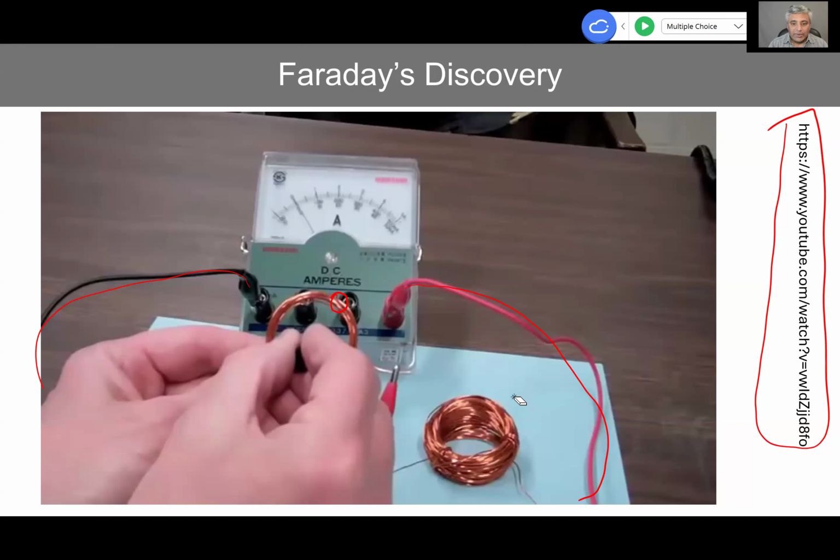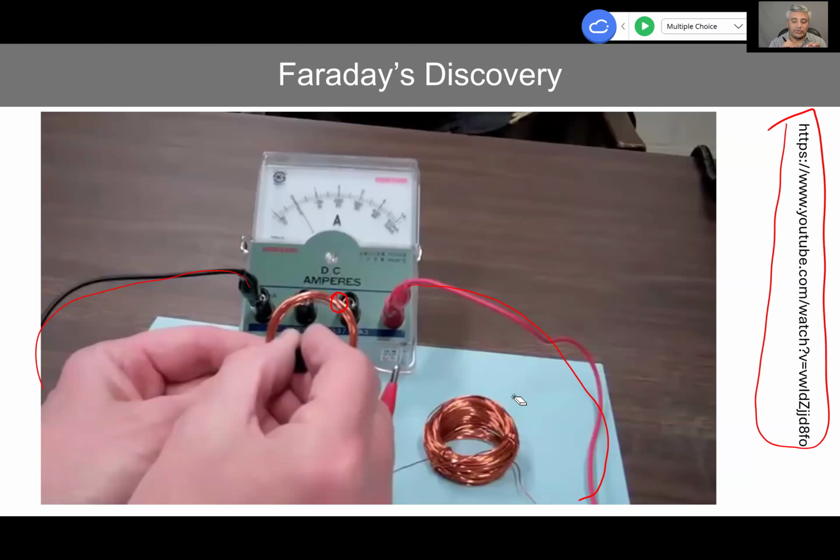So in electric generation, what we did was we put the magnetic field and we made the coil move, but it does not have to be the coil moving. It can be just the magnet moving with the coil sitting there, or both of them moving, that gives us the current or induced EMF.